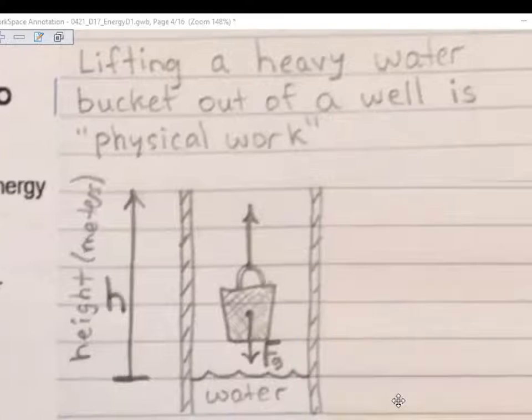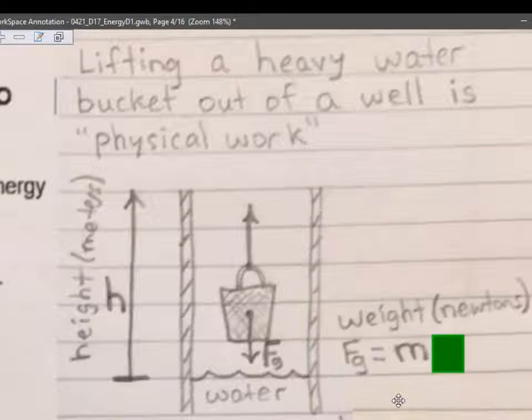And then on the side, the force of gravity down is called weight. It's in newtons. Force of gravity is m times what? It's little g. M times little g.